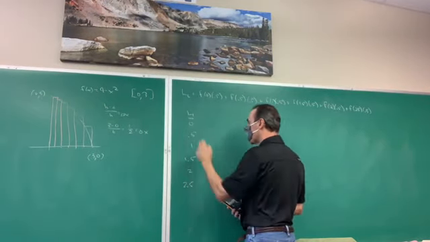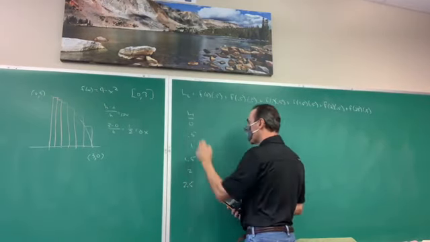Okay, so let's do that together. So we have 0, enter, 0.5, enter, 1, enter, 1.5, enter, 2, enter, 2.5, enter. Okay?